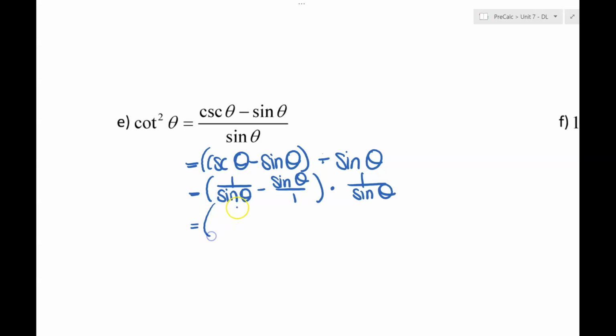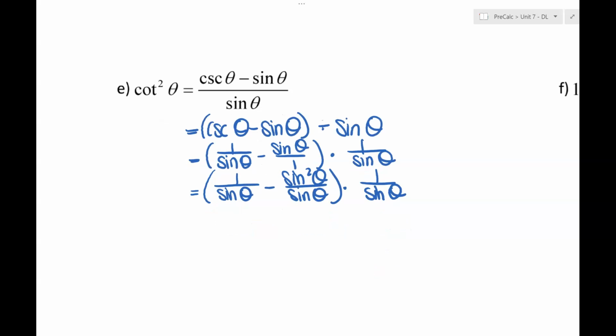So we get 1 over sine theta minus sine squared theta over sine theta, still times 1 over sine theta. Okay, so this leads us to combining 1 minus sine squared theta over sine theta times 1 over sine theta.